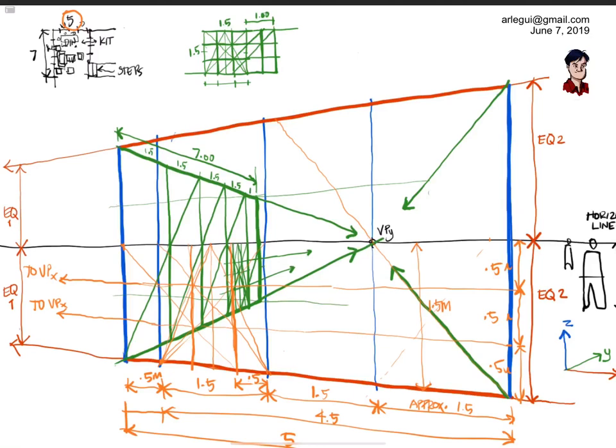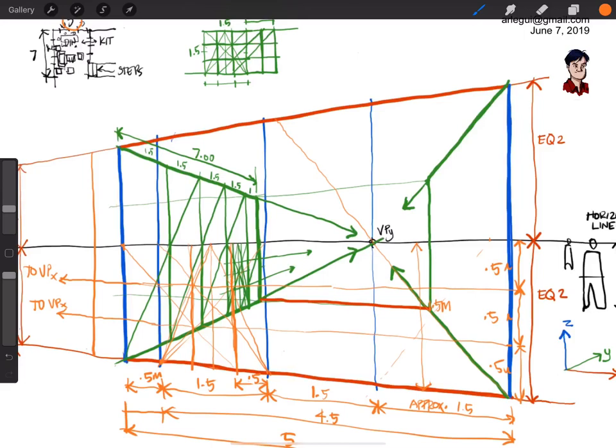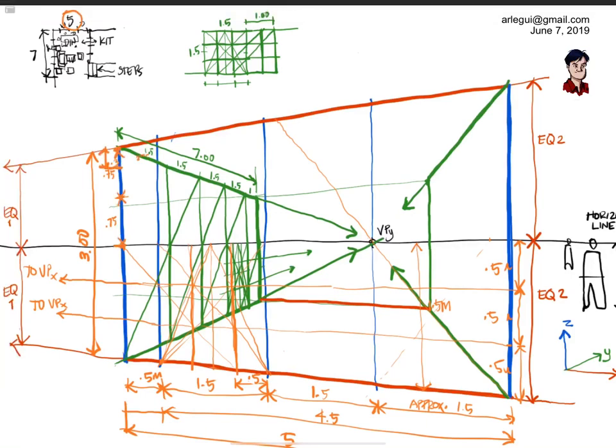I'm doing a lighter line here, and that would be the other edge of the other wall. The red line again indicates the x-axis. The vanishing point for the x-axis is very far off, so I'm doing this by angular proportion. Right now I'm trying to establish this 2.7 meter standard height of the room.